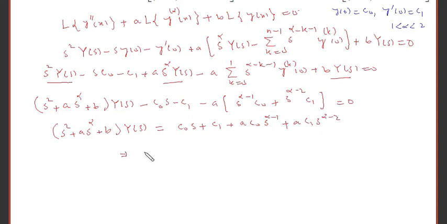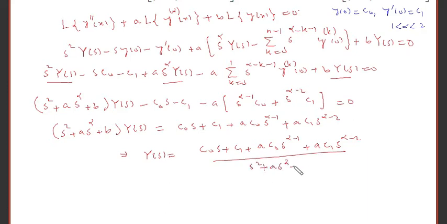From here I have capital Y of s, which is c0 s plus c1 plus a c0 s to the power alpha minus 1 and a c1 s to the power alpha minus 2, and the whole over s squared plus a s to the power alpha plus b.